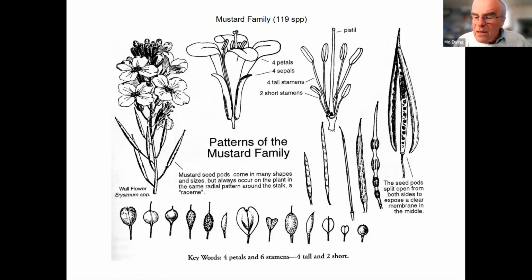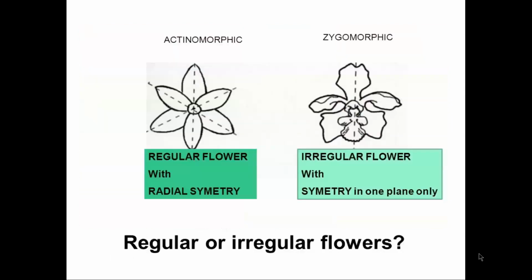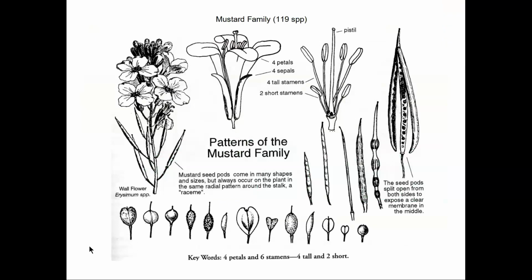Let me see if I can. Oh, no. I've got a thing here which is covering the bottom, and I can't see the keywords. Maggie, you can see the keywords at the bottom down there? Yeah, you can, but I can't. It just says 4 petals and 6 stamens. I'm going to move this.